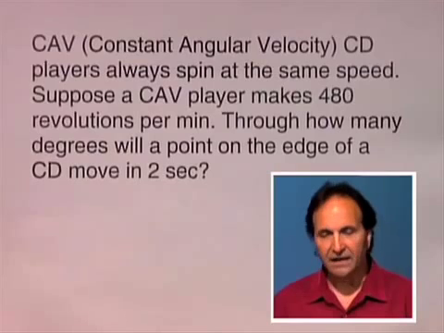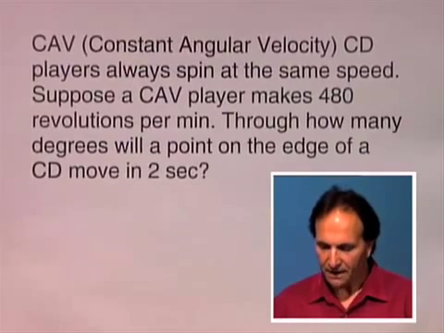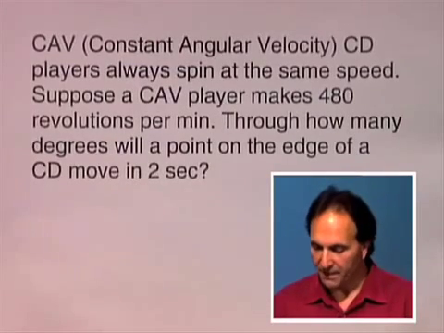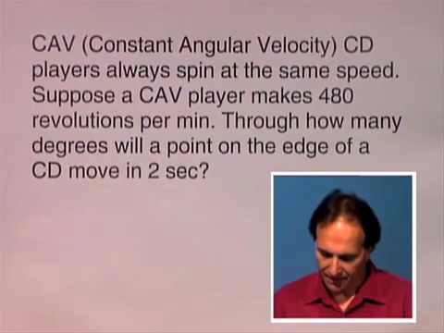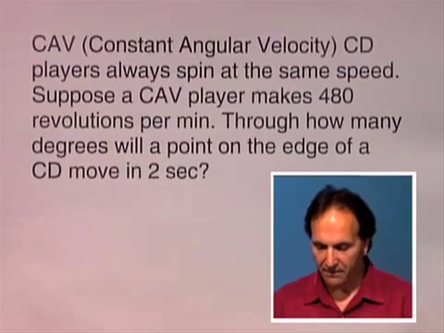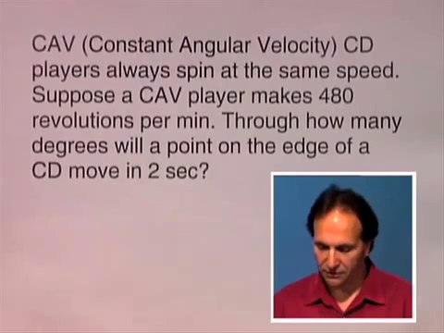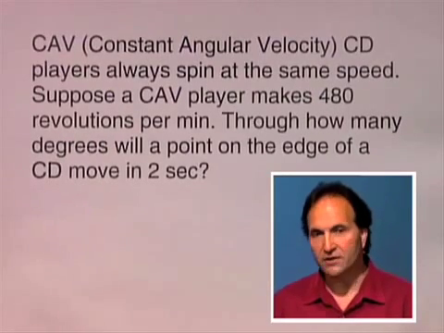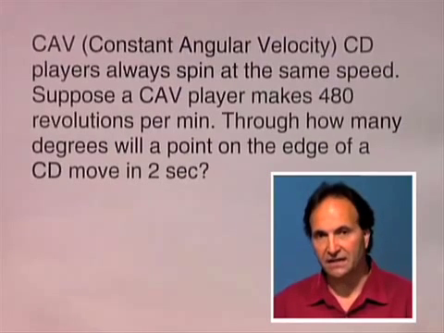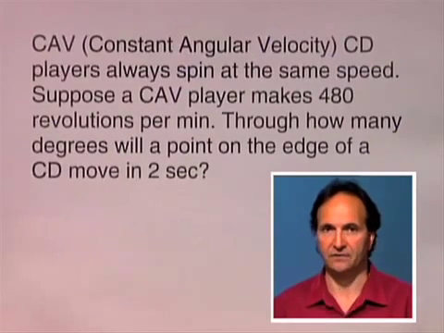CAV, constant angular velocity. CD players always spin at the same speed. Suppose a CAV player makes 480 revolutions per minute. Through how many degrees will a point on the edge of a CD move in 2 seconds?